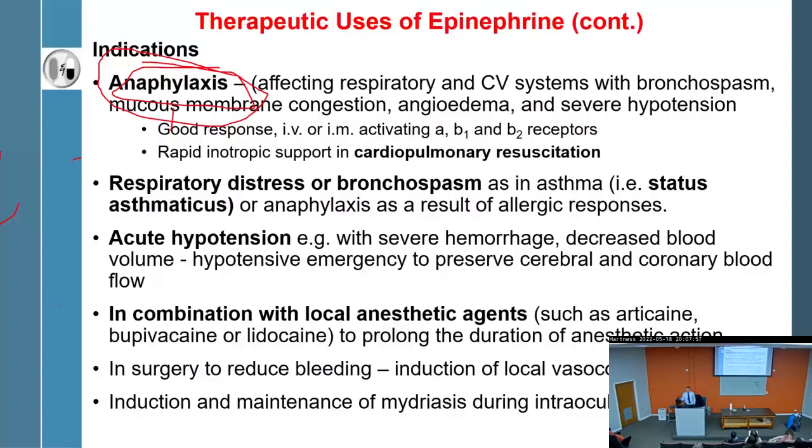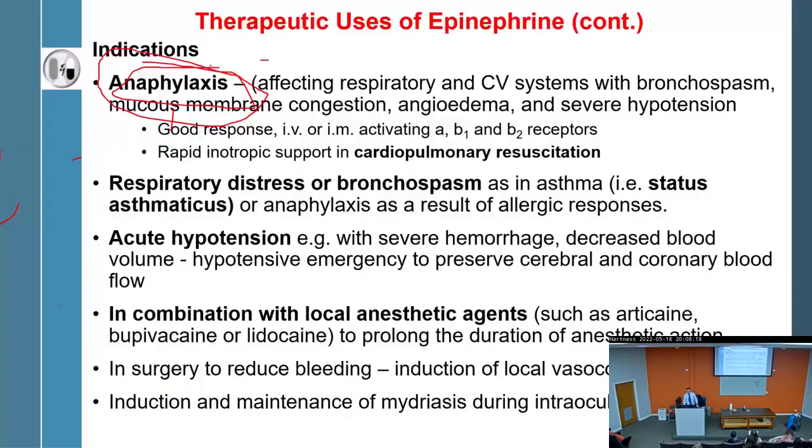You can have hypotension. Okay? You can have angioedema, with extravasation of fluid from the vasculature, etc. So having a constrictor, something that increases pressure, something that opens the airways is good. So that's the basis for the action of epinephrine in treating anaphylaxis.